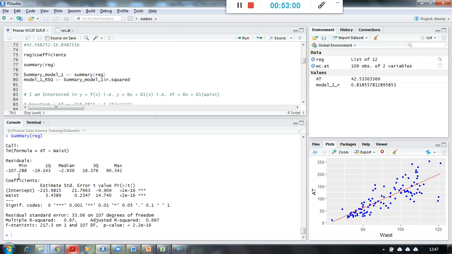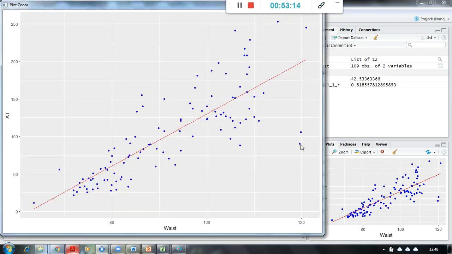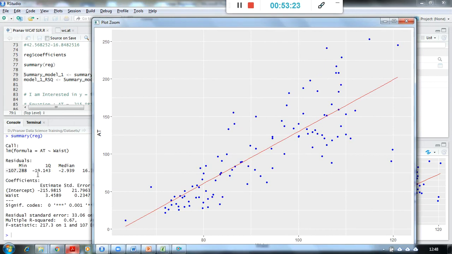This is the highest difference, probably this point somewhere here, which is a negative difference, giving us 107.288.